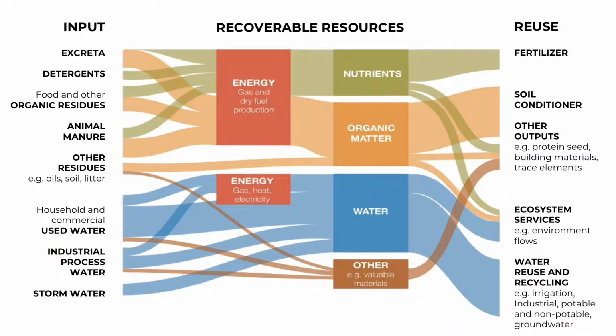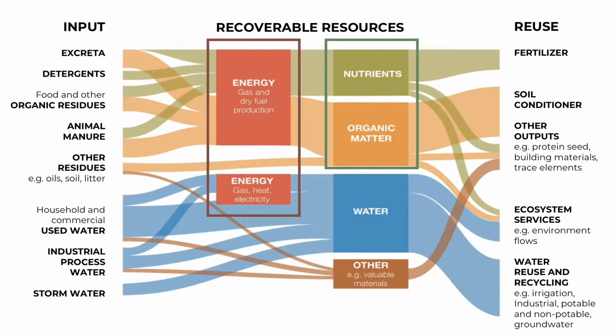Now, let's take a look again at the overview of the waste to resources options. We can categorize the different technologies available according to the potential for the recovery and reuse of energy, nutrients and organic matter, and wastewater.